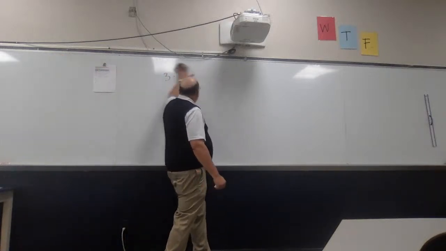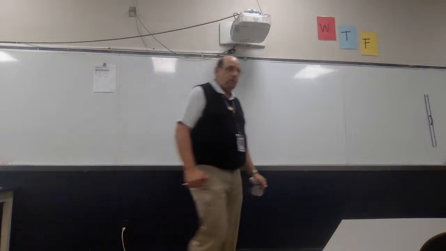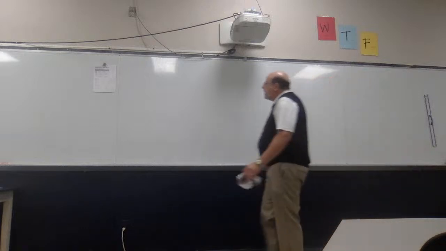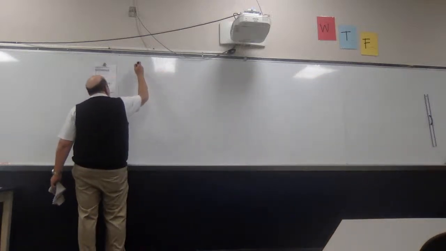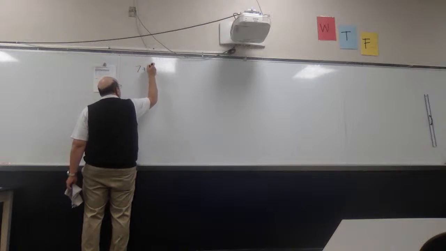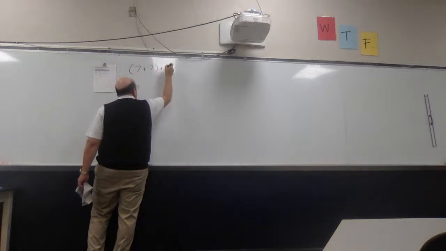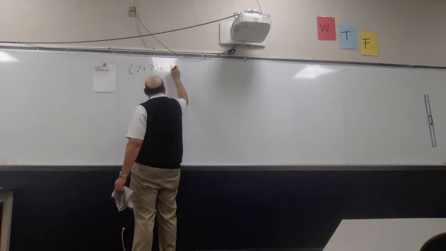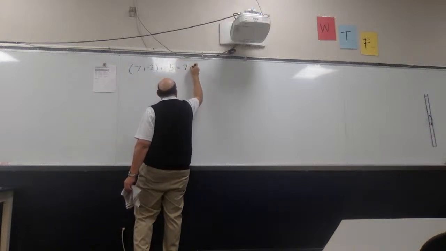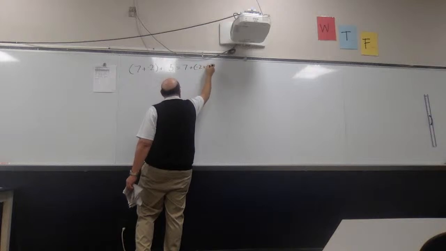Okay. What's next? The associative property. What is the associative property? What do you see? A plus B in parentheses and then plus C. Okay. Then A plus parentheses B plus C. Is 7 plus -2, plus -5 the same as 7 plus -2 plus -5?